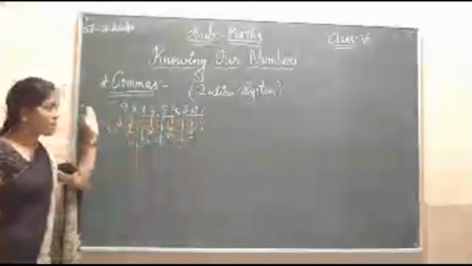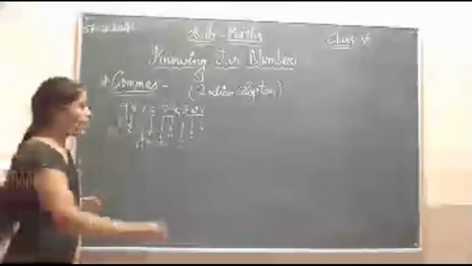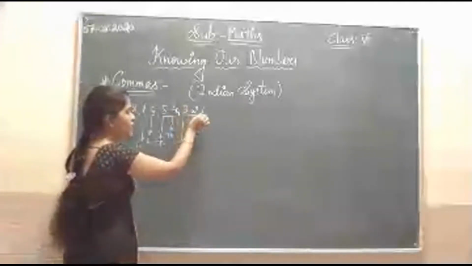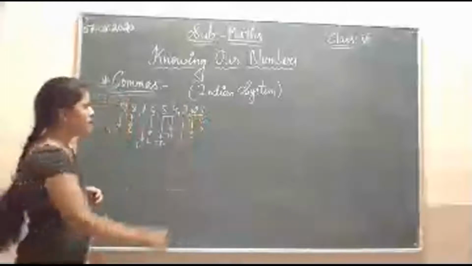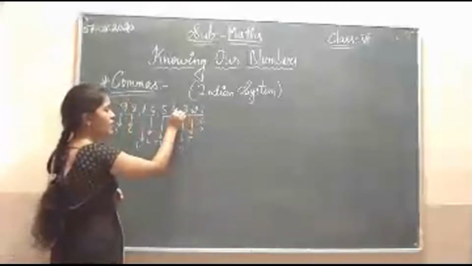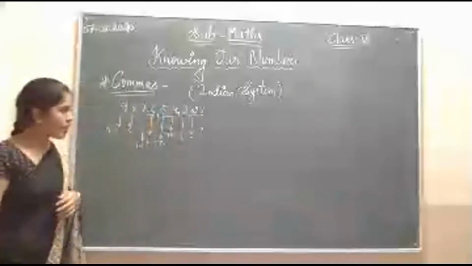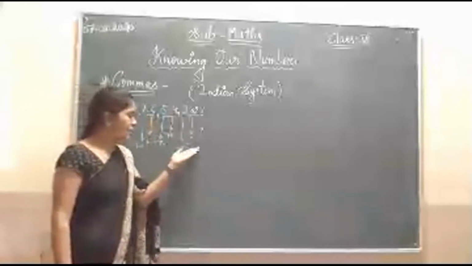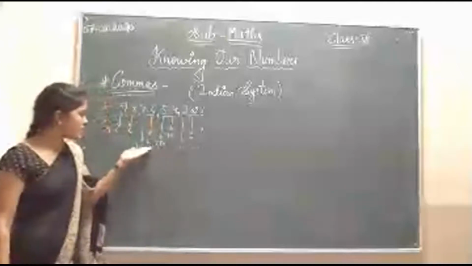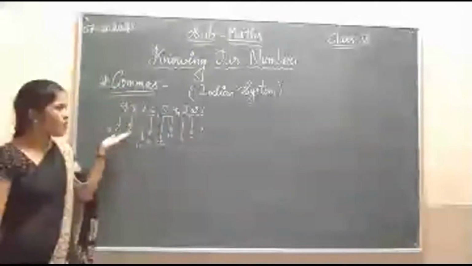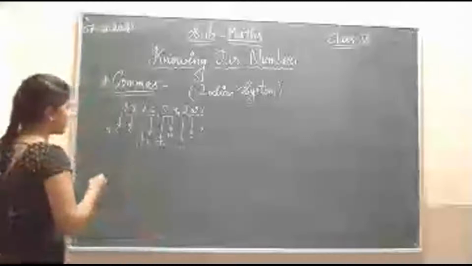Don't take from the left side. Take from the right side or back side of the numbers. First 3 numbers, then 2, then 2 and 2. Because this comes in one group, this in another group, this is one group, this is one group. So that's why we took it like this.